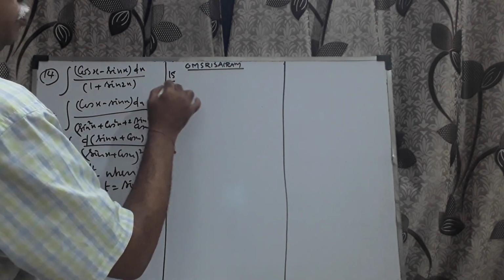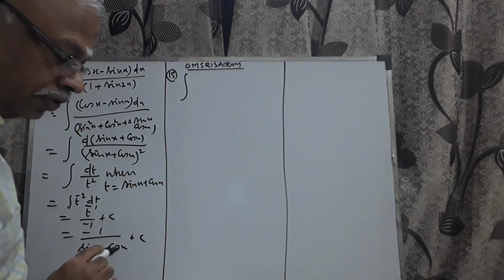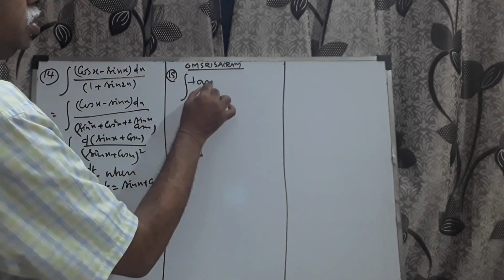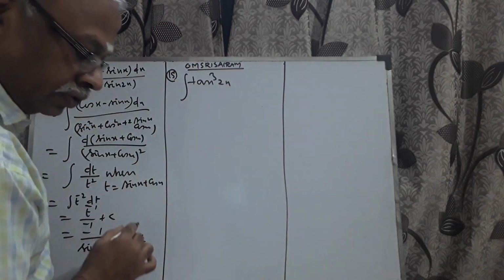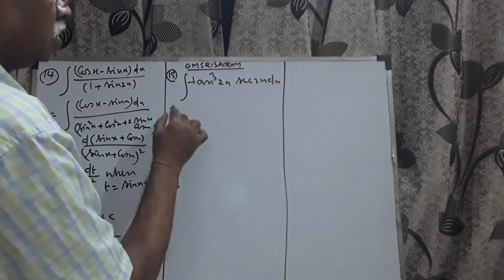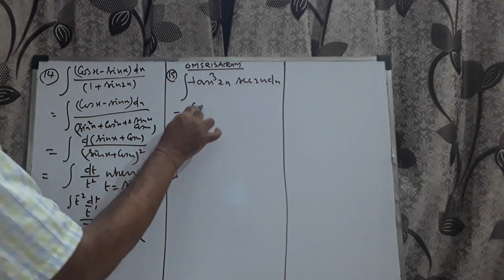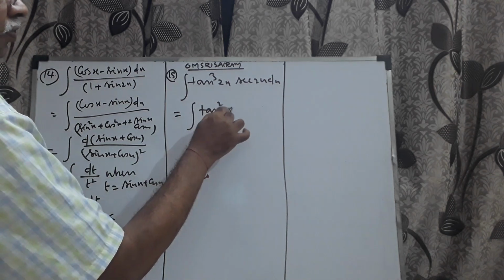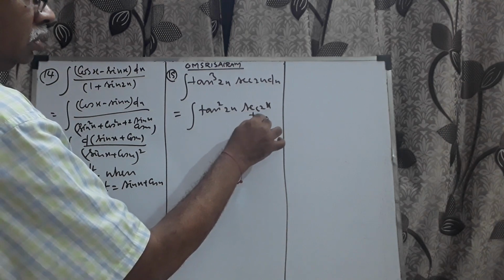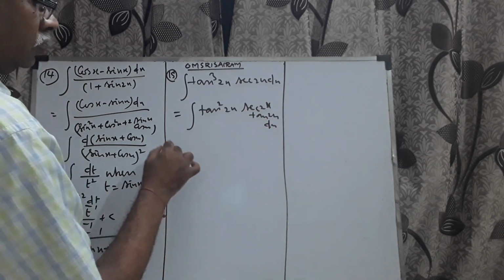Now for the 15th problem, it is tan cube 2x into secant 2x dx. I will write this as tan square 2x into secant 2x tan 2x dx.